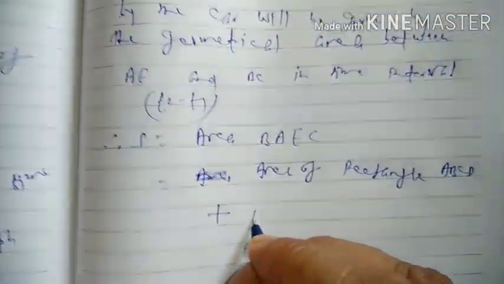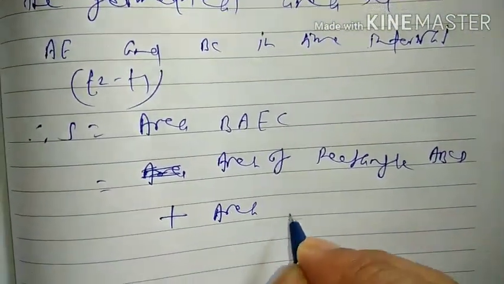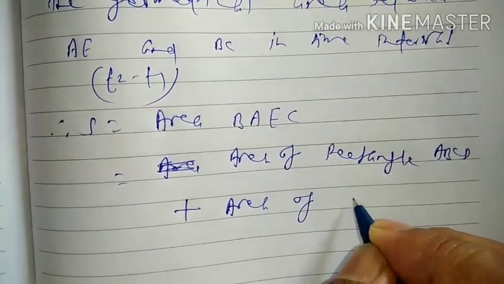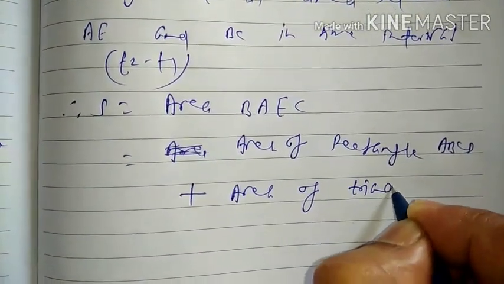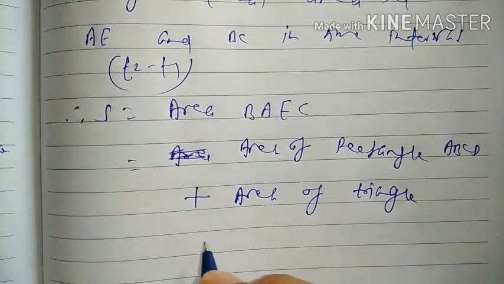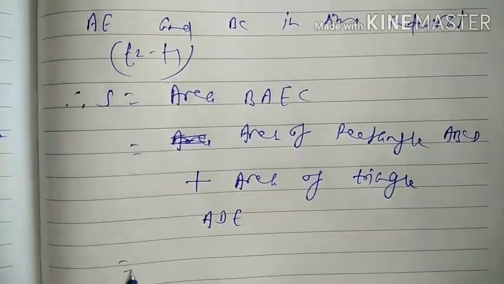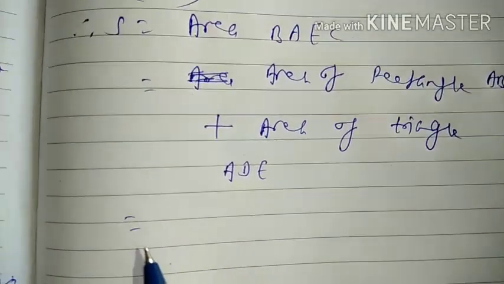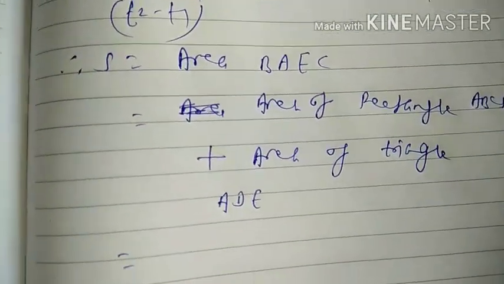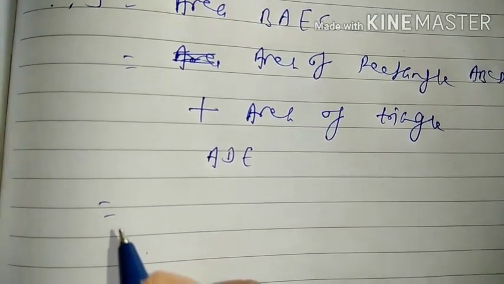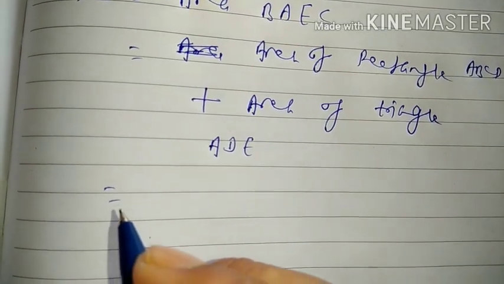And we know that the area of rectangle is equal to base into height, that is L into B.